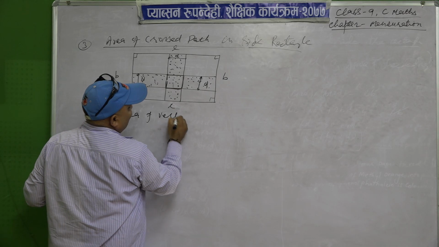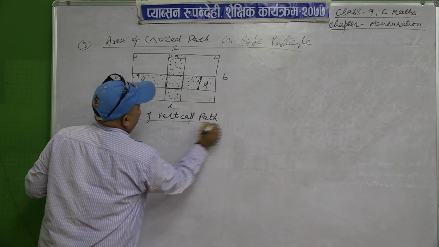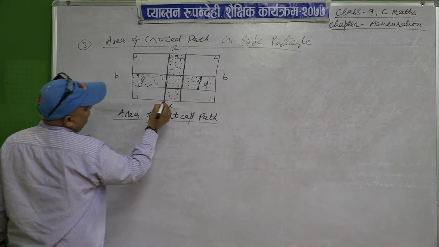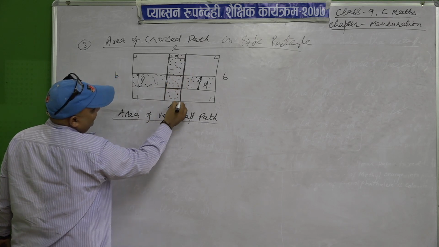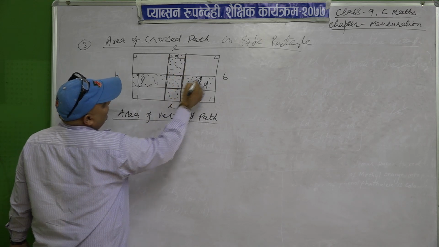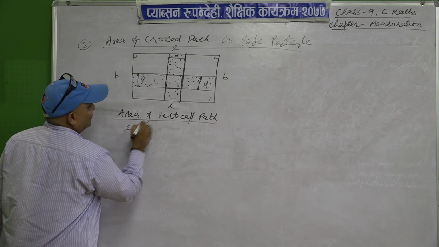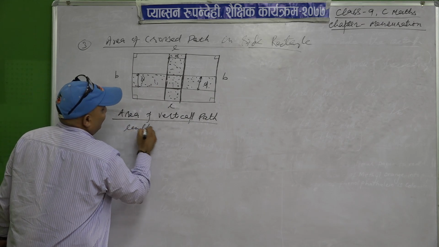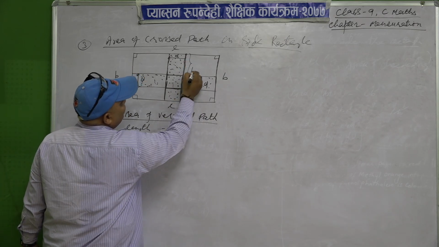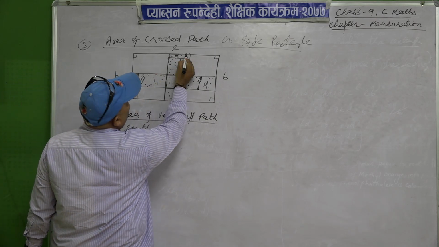Now take the area of the vertical path. You only see this much. In this condition, this line will be the length of the path, and it is actually the breadth of the rectangle. So the length of the vertical path is B. Then what is the breadth of the path?